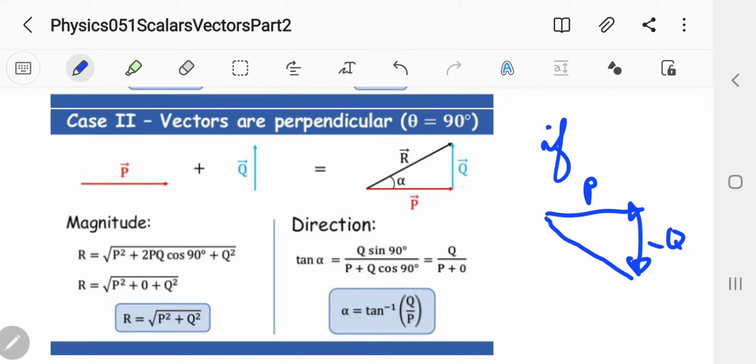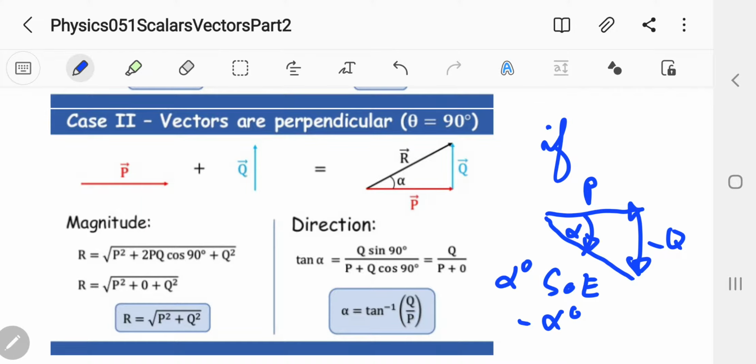Alpha would be measured that way. So that's alpha degrees south of east, or you can say negative alpha degrees.